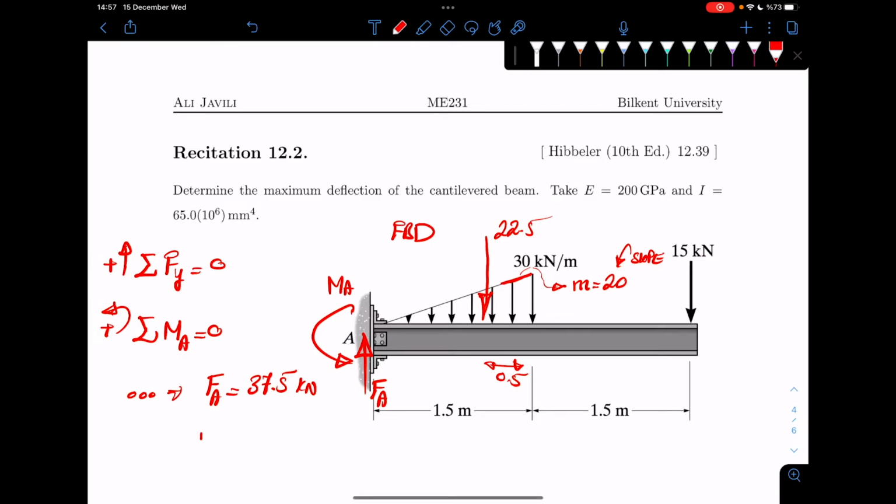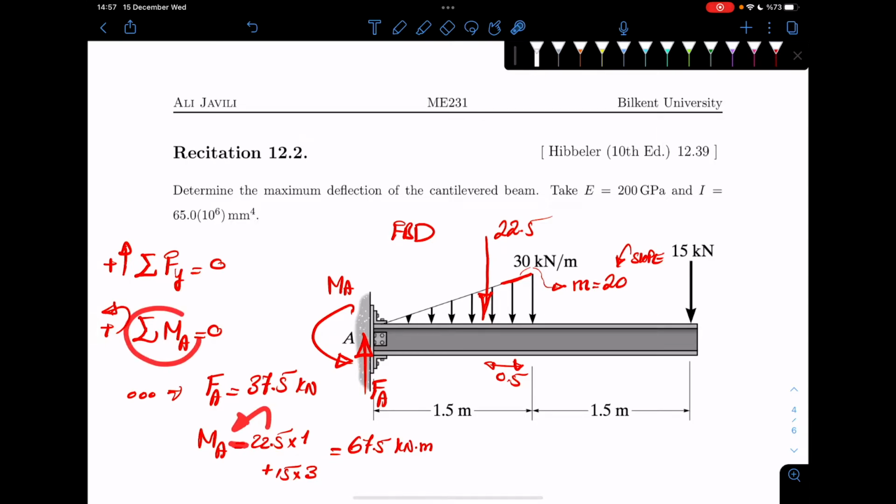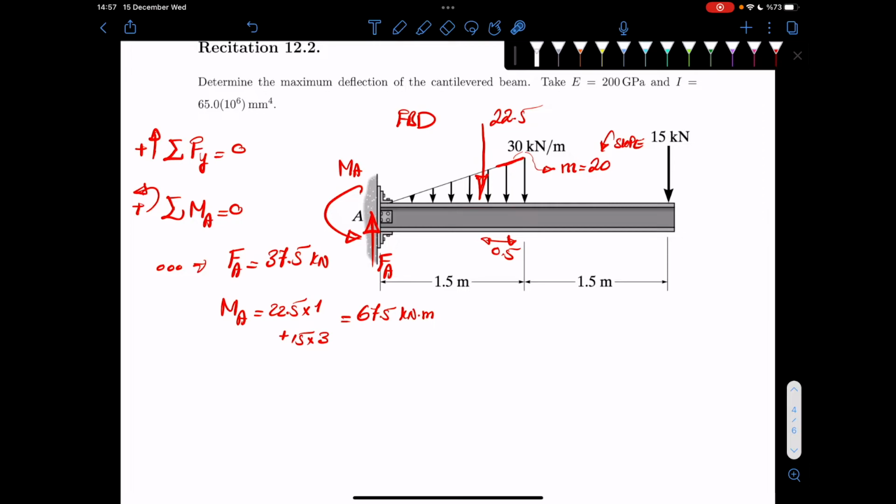And then you can calculate the moment at A, which would be 22.5 times its distance, which is 1, plus the moment of 15 times its distance, that is 3. So MA would be 67.5 kilonewton meter. By the way, usually we write it as equilibrium, so they come on the left-hand side with a minus, and it is 0. I jumped through that. So that is MA, that's FA.